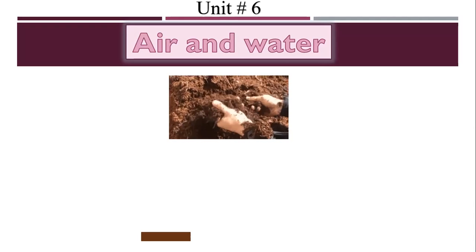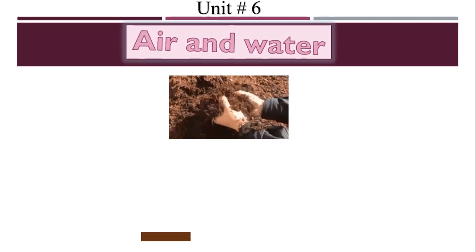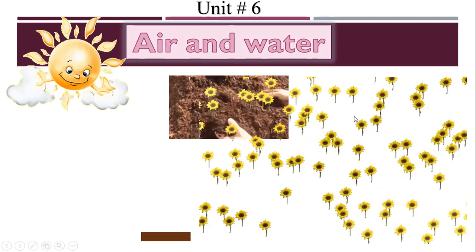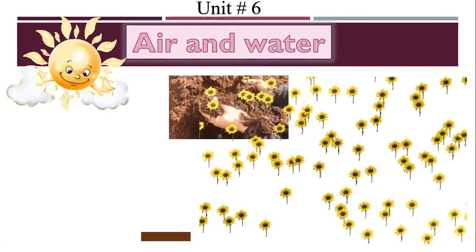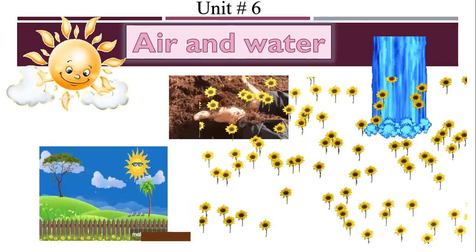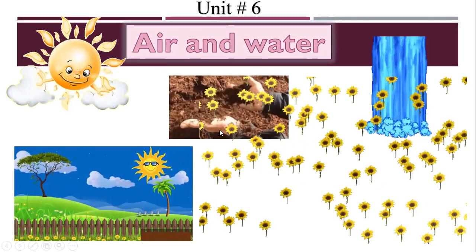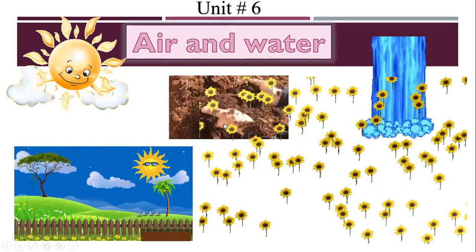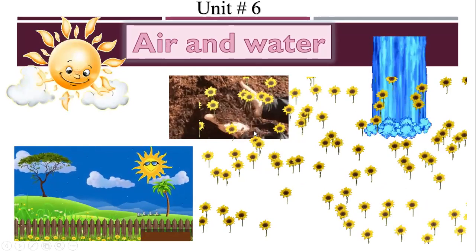Can you live without sunlight? Is it possible? Can you live without soil or air or water? They are some of the important elements of life. Without them, we cannot live.